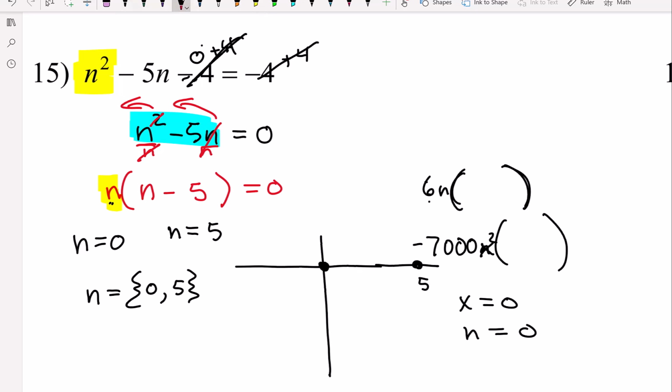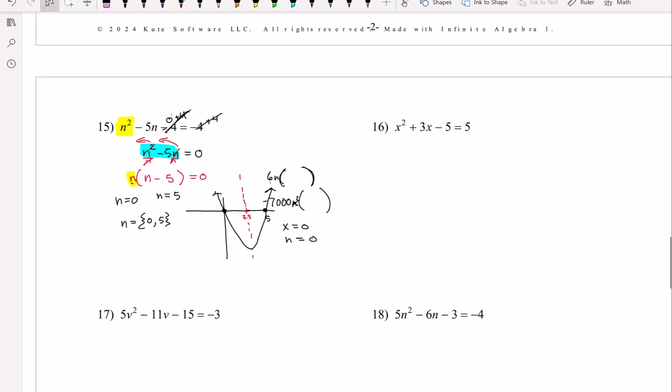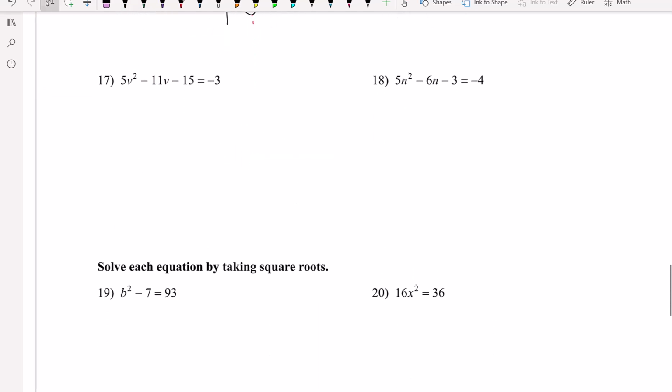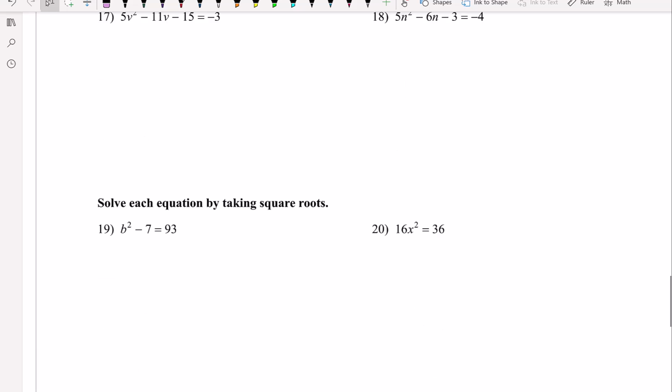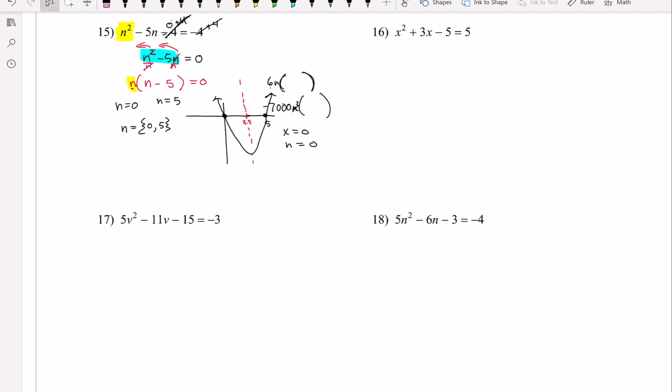So halfway between is 2.5. So this graph is going to be doing something like this. And that's just kind of the general graph. All right, that is enough for solving. And the next one we're going to be doing is solving square root.